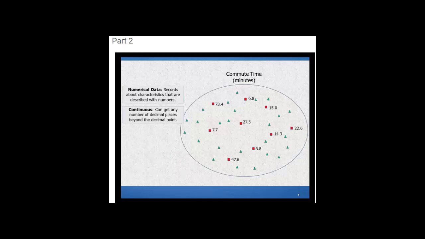Depending on what measurement tool we use to measure it, we can get any number of decimal places beyond the decimal point. An example of numerical data that is not continuous is the number of siblings each participant has. It is not possible to have fractional siblings, so this is not a continuous data type. We call this type of data discrete data.